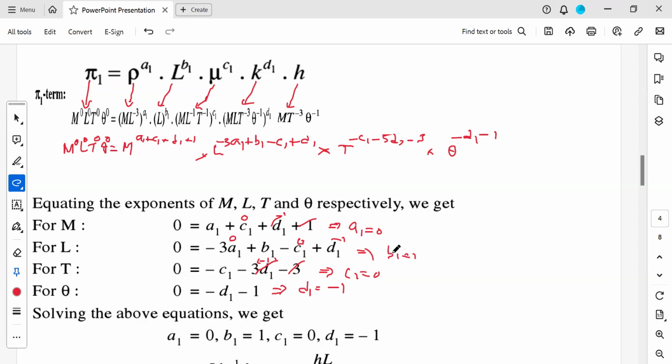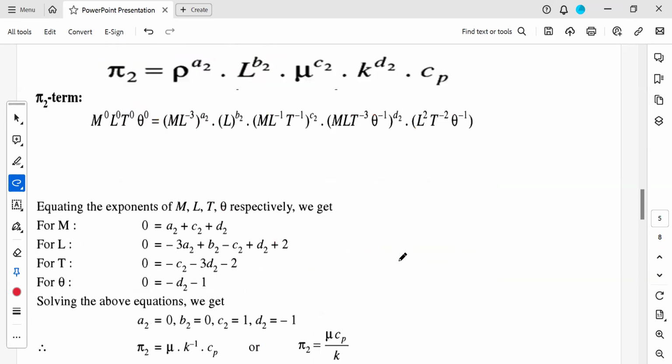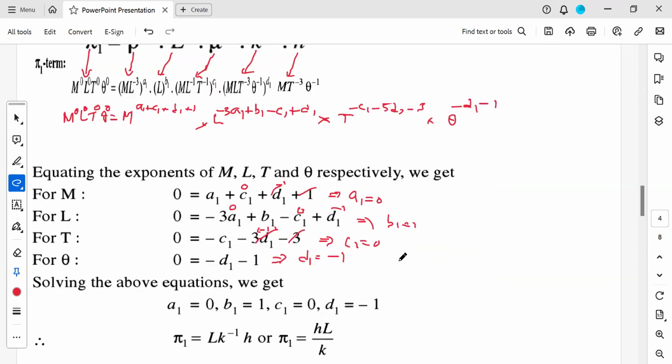So by getting all the values and substituting in the pi 1 term, pi 1 is equal to rho power a1, that is 0, L power b1, that is 1, mu power c1, that is also 0, K power d1, that is minus 1, multiplied by h.